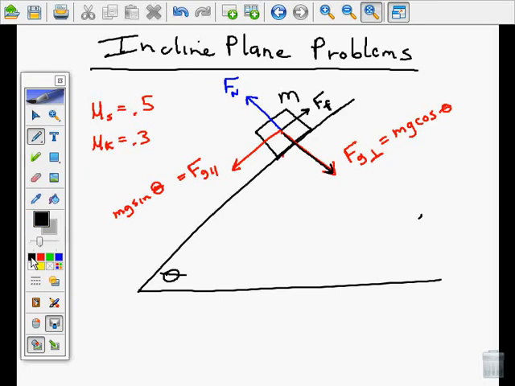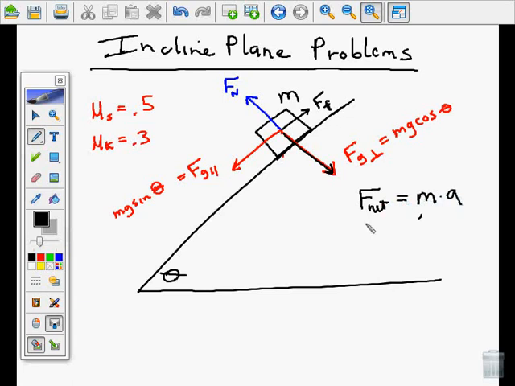So, strategy: draw a free body diagram. Second step, apply Fnet equals ma. So basically, if I look at this direction right here, I apply Fnet equals m times a.